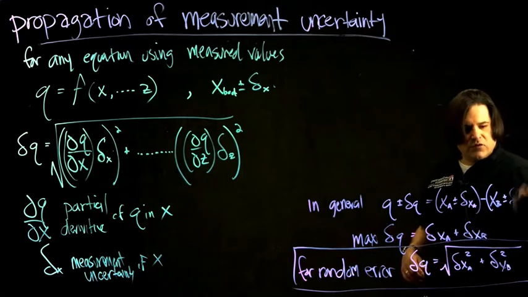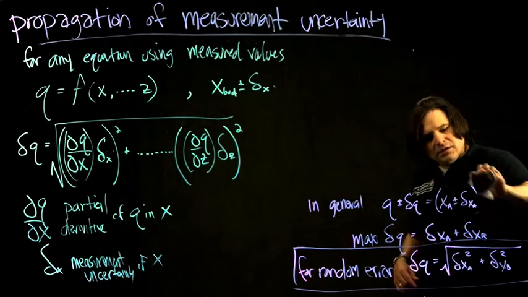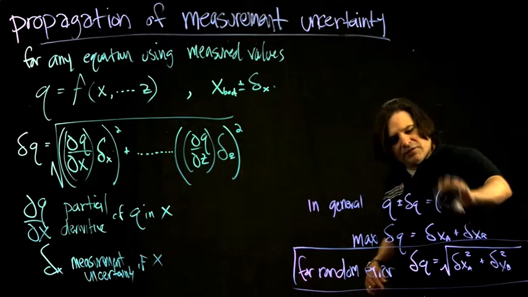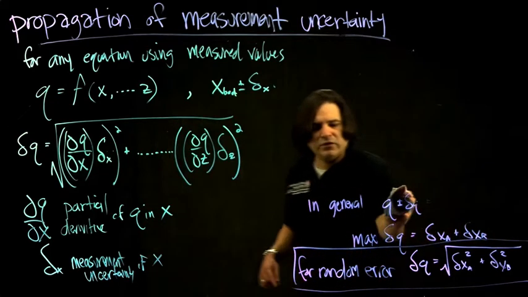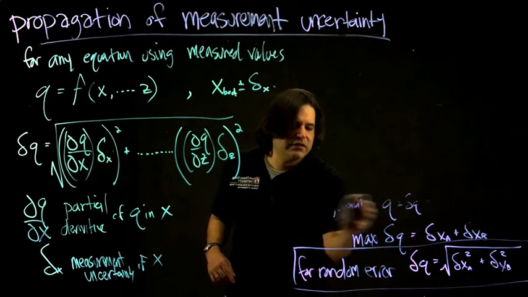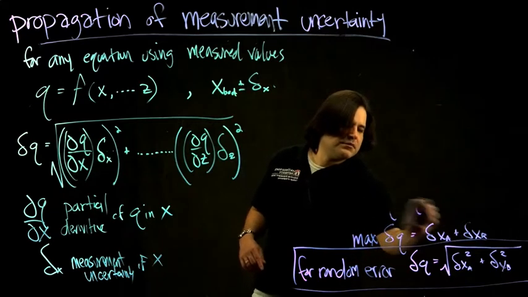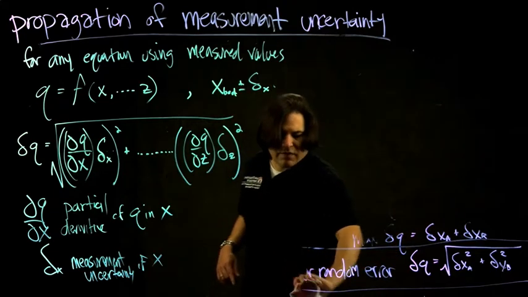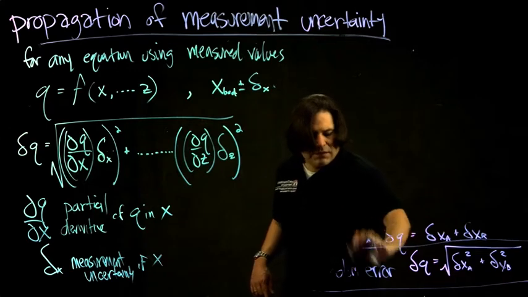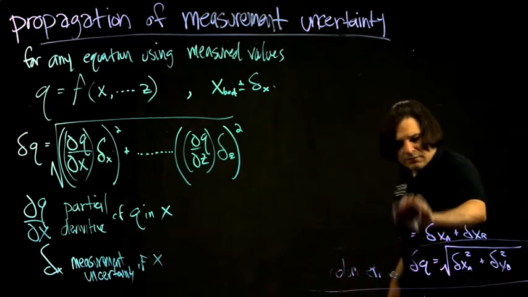So that's how the verbal algorithm is, but I'll show you guys an example of a specific measurement we're doing and using that to find the result, and then have an error that propagates from the measurements.